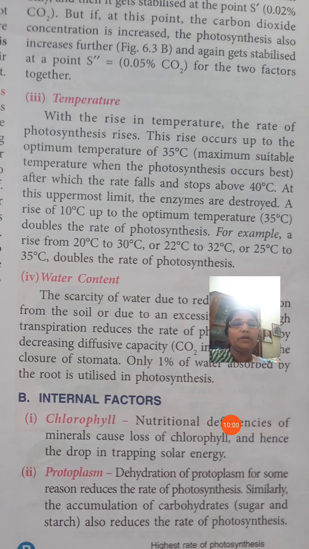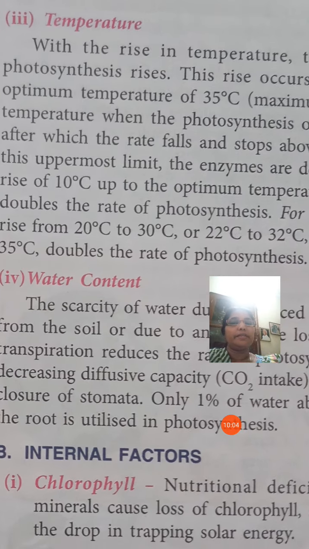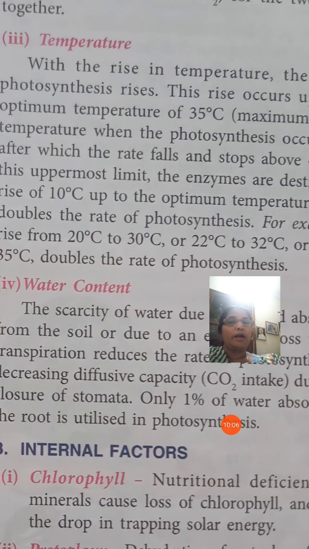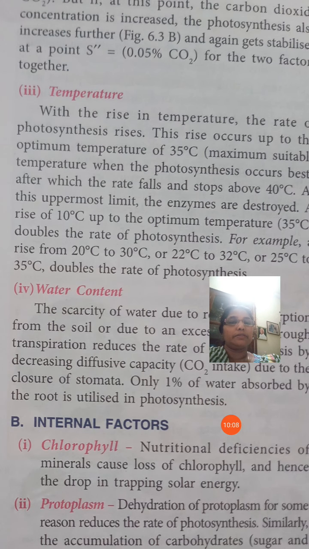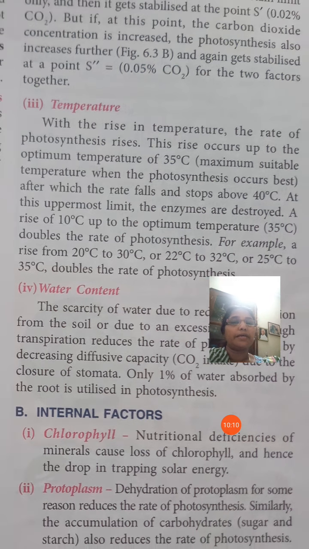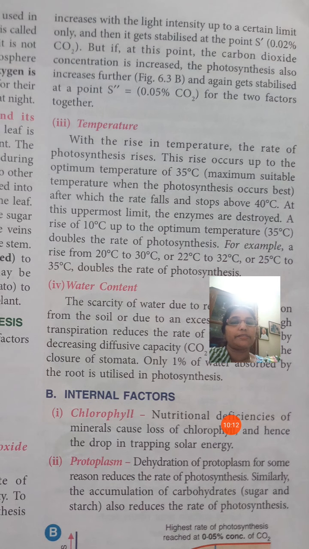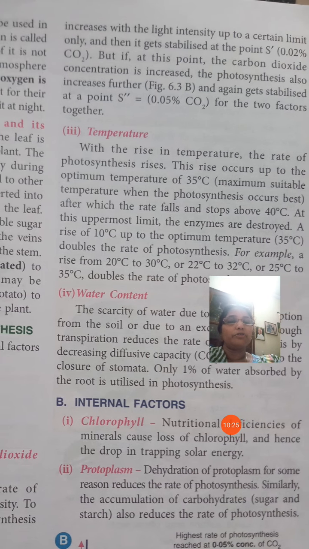Then again, here a rise of 10 degrees Celsius up to the optimum temperature of 35 degrees Celsius doubles the rate of photosynthesis. For example, a rise from 20 to 30 degrees Celsius, or 22 to 32, or 25 to 35 degrees Celsius doubles the rate of photosynthesis.